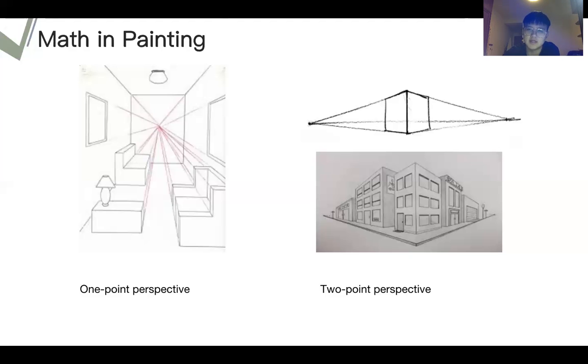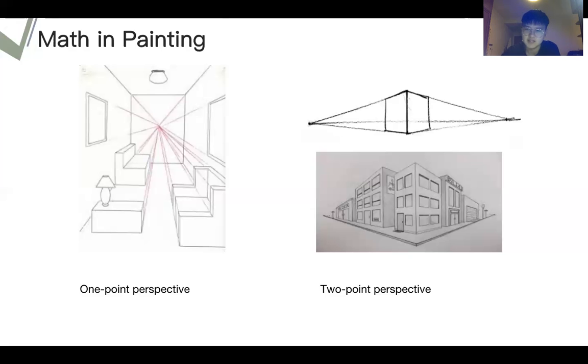It's like a cube, and if we draw some vanishing lines, we can find out that those lines intersect at 2 points, and those 2 points are on the same horizontal line. This kind of perspective is called two-point perspective.